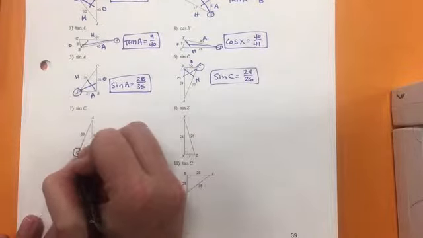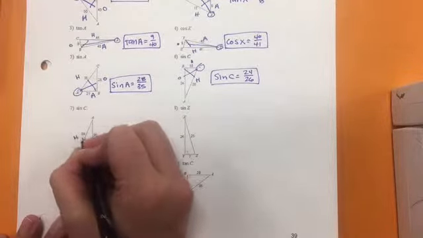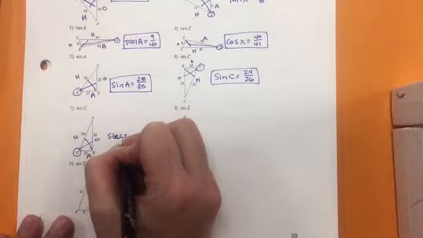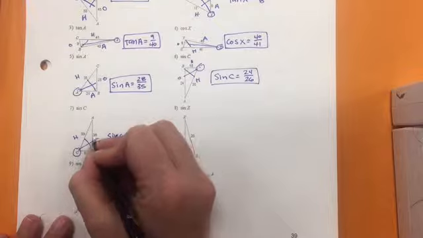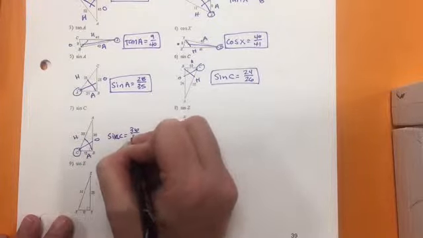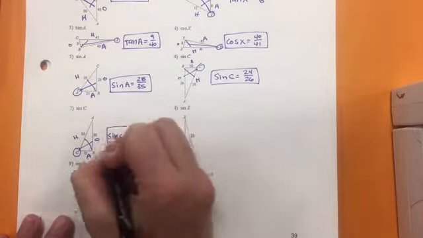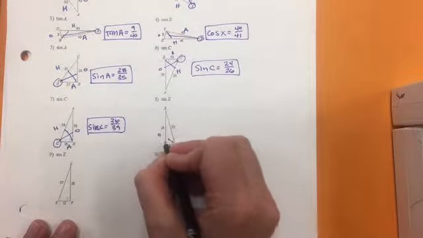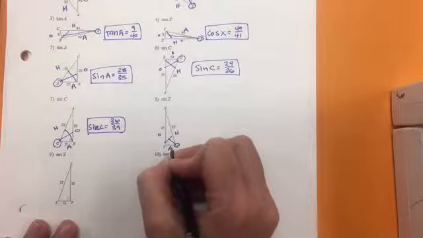Sine of C, opposite, hypotenuse, adjacent. Sine would be O over H again. Sine of Z, opposite, hypotenuse, adjacent.